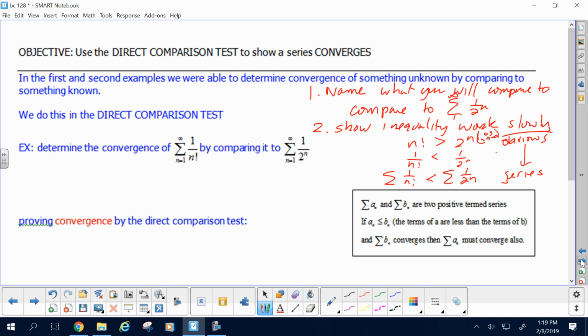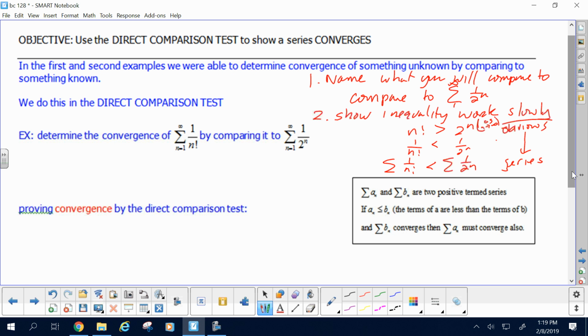So eventually, as we add more and more terms, the factorial series is less than the exponential series, yeah? The exponential series, we said it was finite. Well, if the one they ask about is less than a finite number, surely it must be finite, and so it must converge.